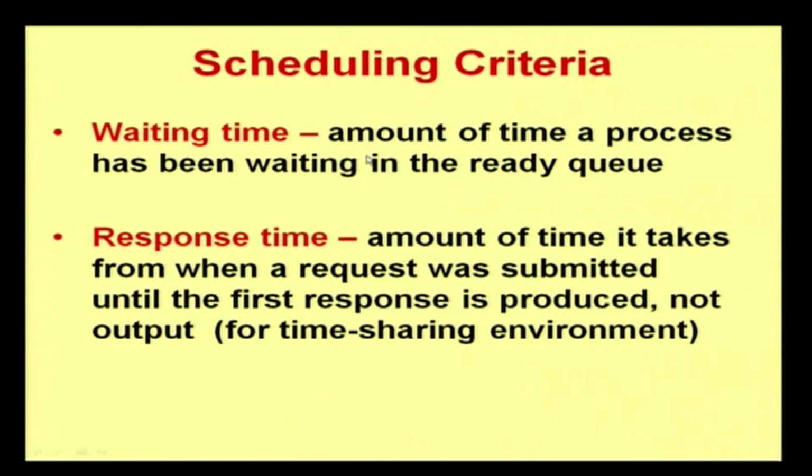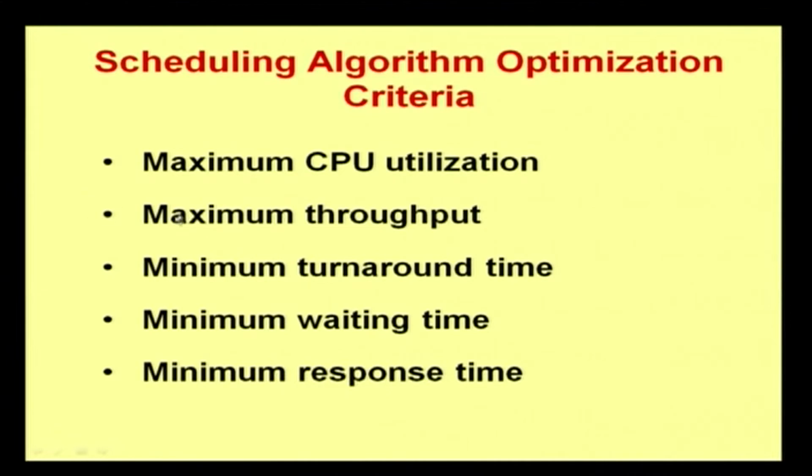What is CPU? Central Processing Unit. So these are the CPU scheduling criteria that are required to schedule a particular time frame for the process execution. What are the things that are required? Let us see now. We require the following points. First, maximum CPU utilization. Second, maximum throughput.